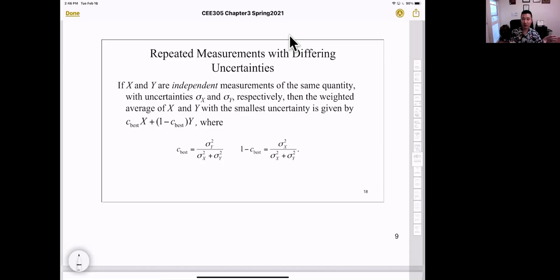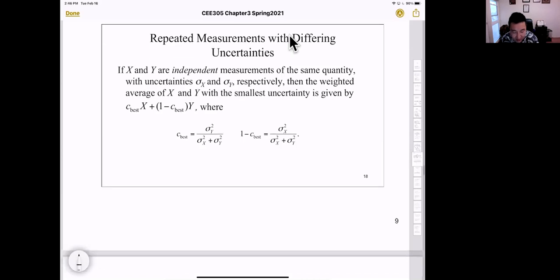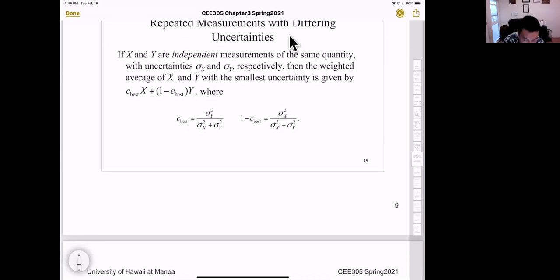So these 2 scales have different sigma. Then the weighted average of x and y with the smallest uncertainty is given by this equation. We have C best, which is a constant that can be calculated based on this equation.